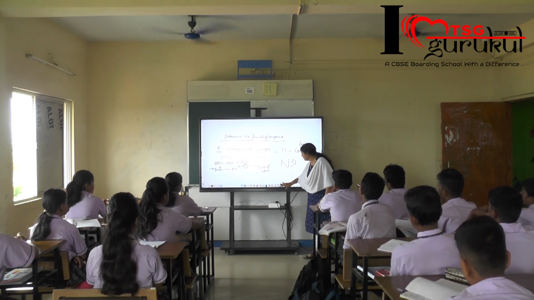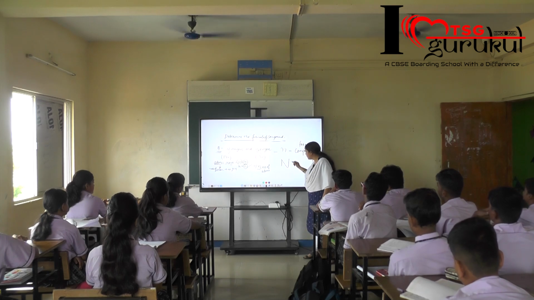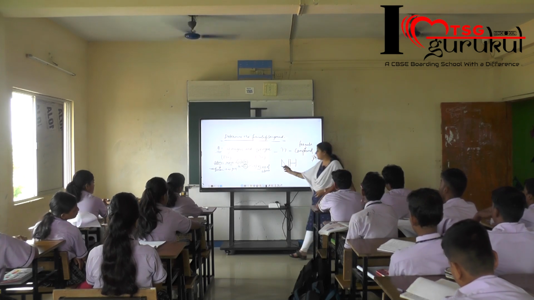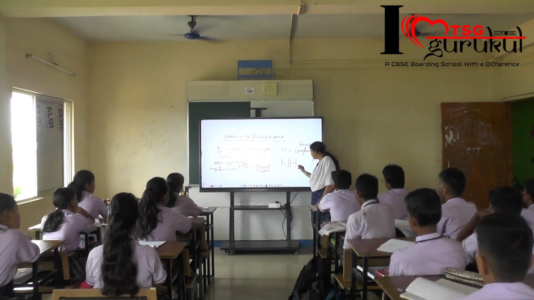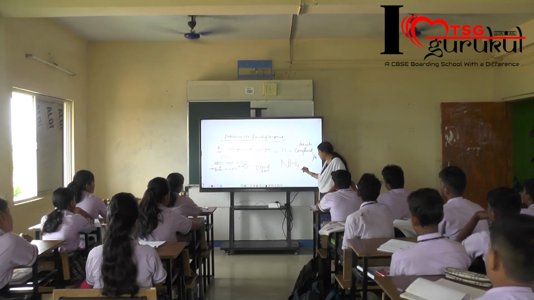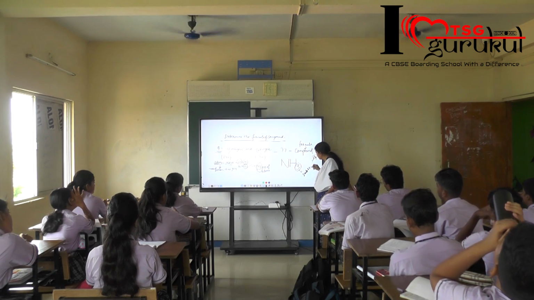So what we will do? We will write first the symbol. We know what is the symbol of hydrogen? H. Now the number of atoms, how many came here? 3. The 3 atoms will be written at the bottom of the symbol, and this is called the subscript. What is it called? Subscript.